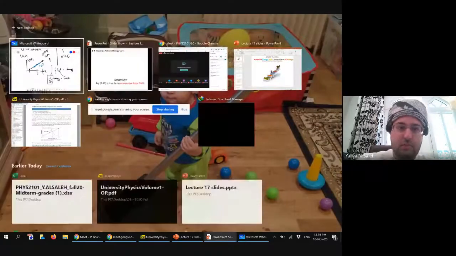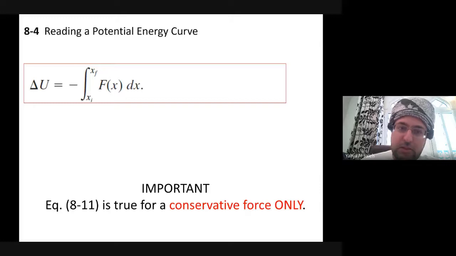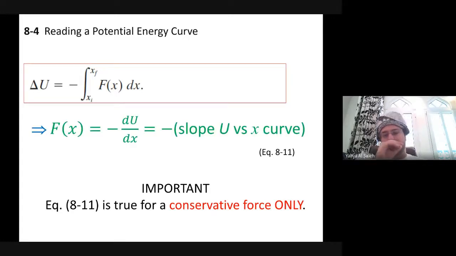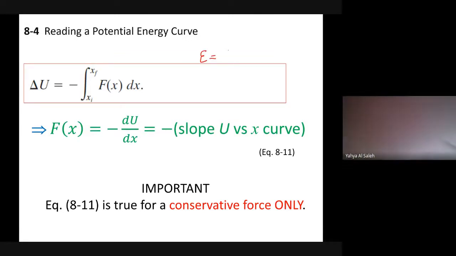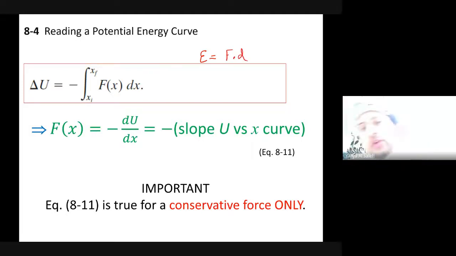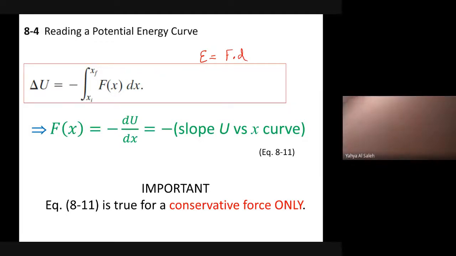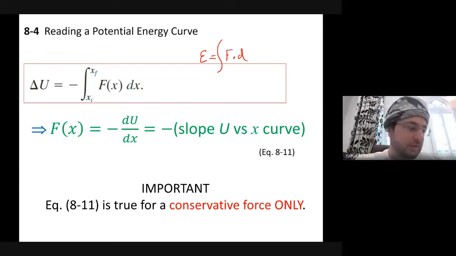So to go back, delta U, the change in potential energy, we defined it as minus the integral of f of x dx. We said energy equals F dot D. For cases of continuous forces, we put in an integral.